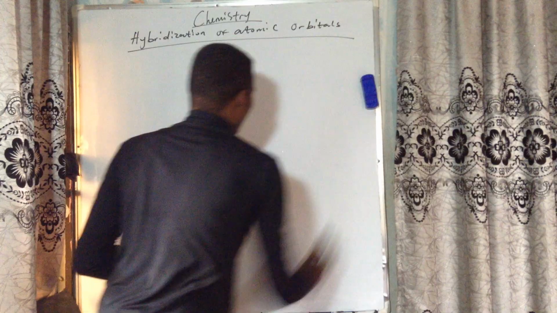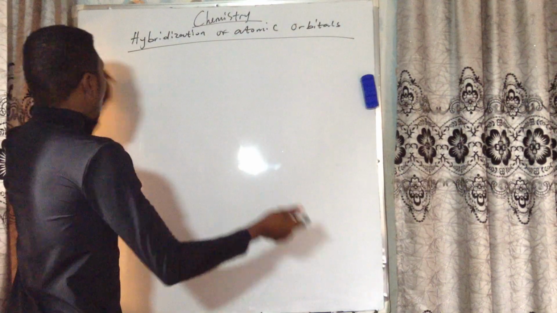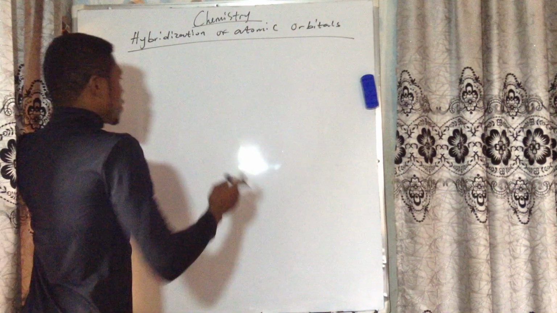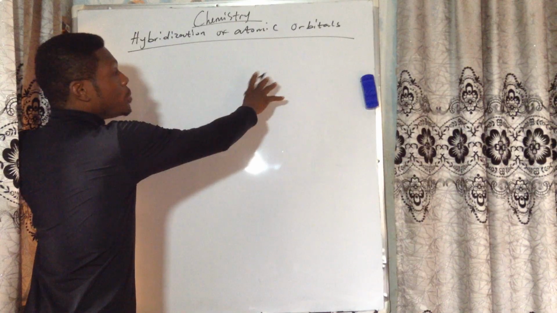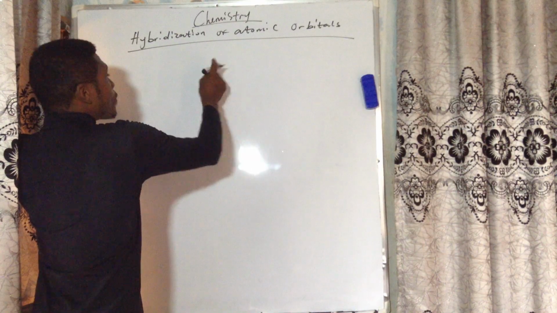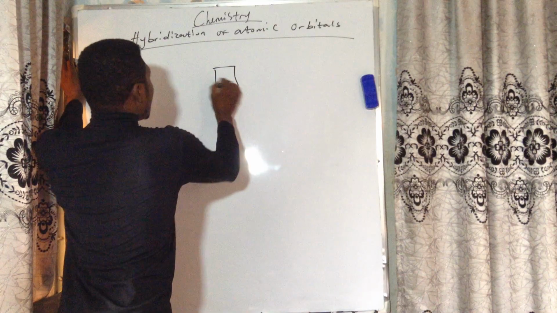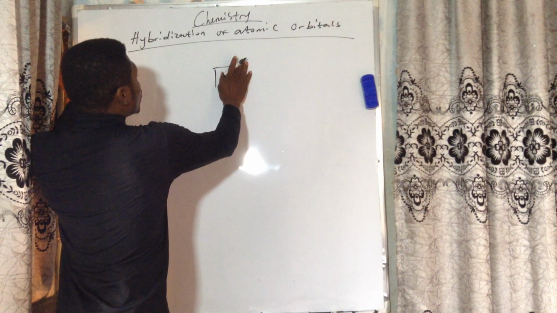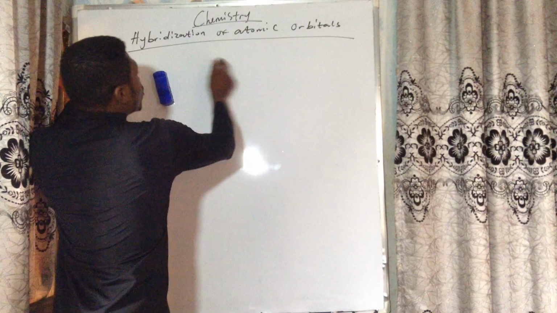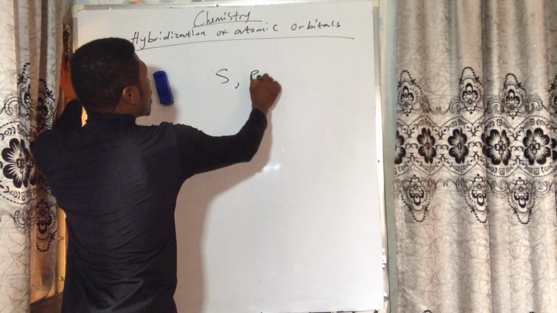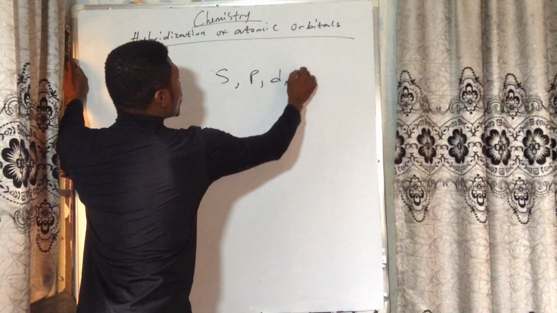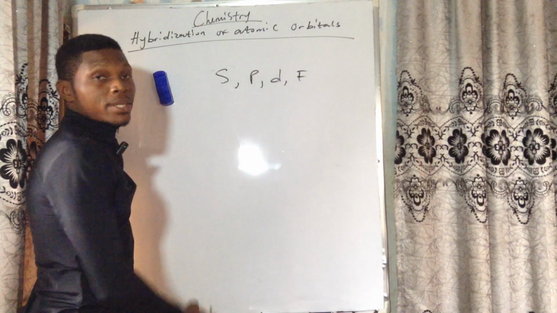As a consequence of this model, there are orbitals of the atom. There are 4 orbitals: the s orbital, the p orbital, the d orbital, and the f orbital.